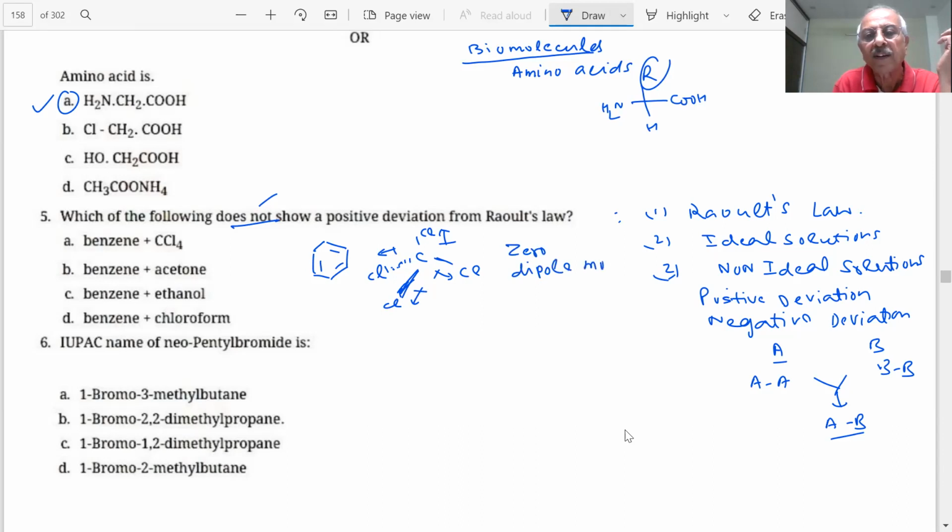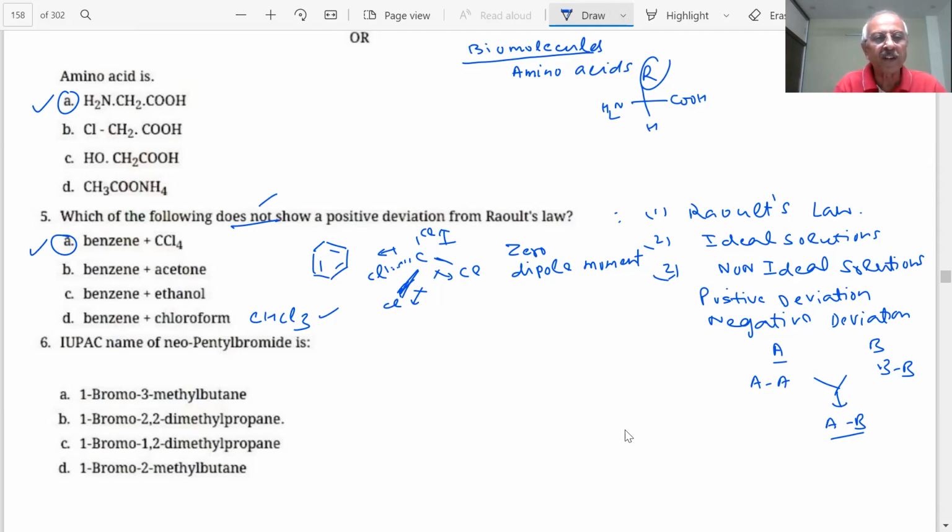Zero dipole moment, it is a symmetric molecule, student. Therefore, for both of them, this is the correct answer. Interactions will be similar in both of them. Here there will be dipole interaction and hydrogen bond in ethanol. In chloroform also dipole interaction is there, CHCl3 has a dipole moment, but CCl4 does not have, because the equal and opposite dipoles cancel out.